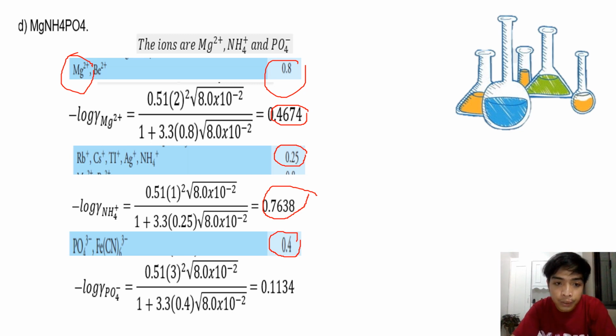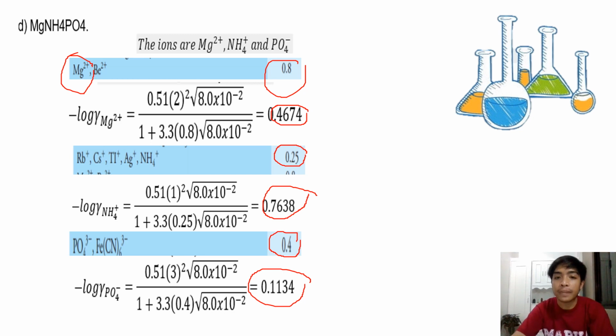Substituting those values to the Debye-Huckel equation, which is 0.51 times 3 squared times the square root of 8.0 times 10 to the negative 2, all over 1 plus 3.3 times 0.4, which is the effective diameter, multiplied by the square root of the ionic strength, which is 8.0 times 10 to the negative 2, we will obtain 0.1334 as the activity coefficient of the phosphate ion.